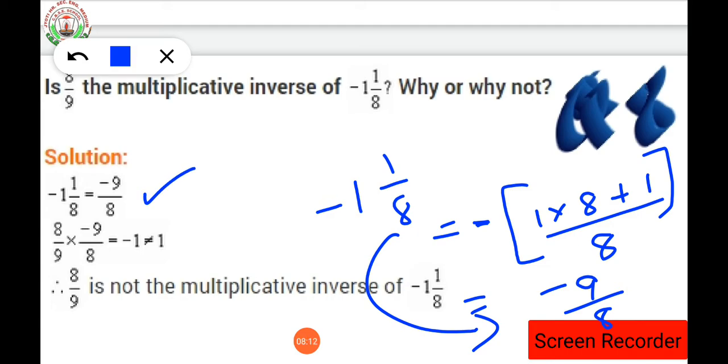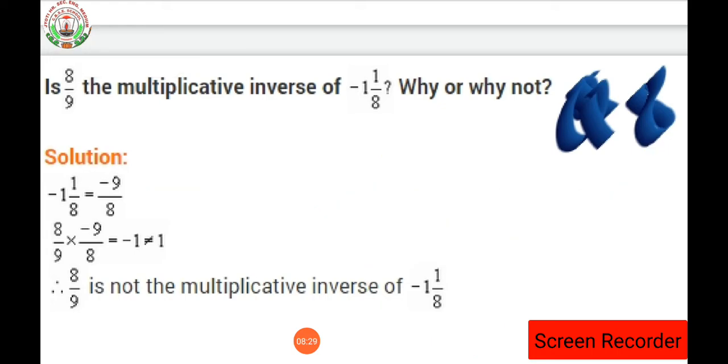Have you understood how we converted the mixed fraction into an improper fraction? By applying the formula whole into denominator plus numerator upon denominator. Okay, using that formula we converted the mixed fraction into an improper fraction. Now coming to the question: is 8 by 9 the multiplicative inverse of minus 1 by 8? Why or why not? If it is, we have to give the reason.